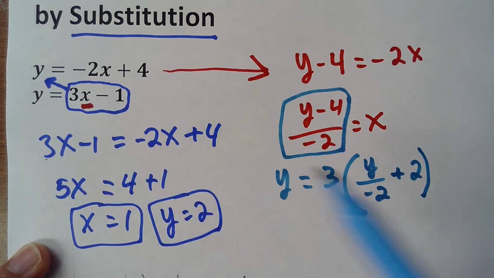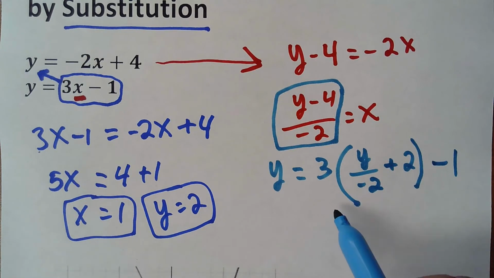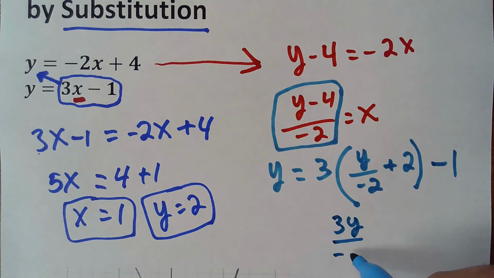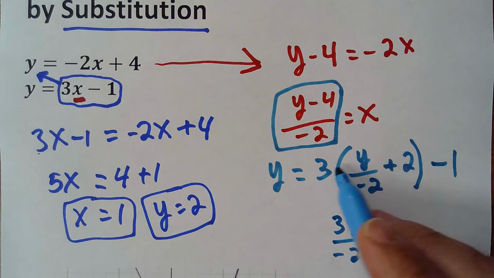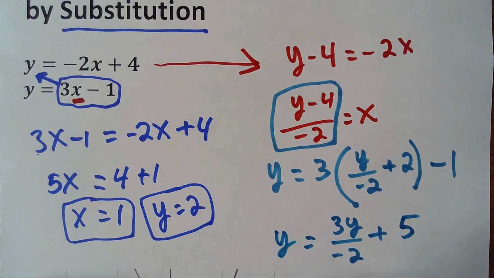Now we need to put the minus 1. So when we solve this, we will have 3y over negative 2 plus 6. 3 times 2 is 6, minus 1 is 5. I'm going to put the 5 just in this step. 5 equals y.